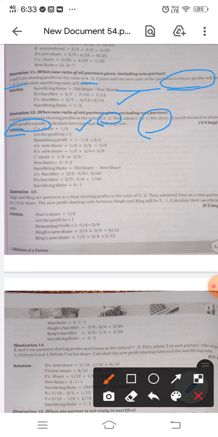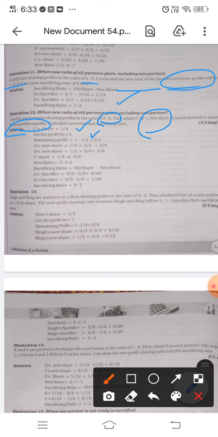So in the last sum, the new profit sharing ratio for the new partner was also given in the sum. But in this sum, the new ratio for the old partners is given, but the new partner's share is not given, so we have to find it. Okay, so what is the C's share? That is 1/4. Am I right? So we have to find.